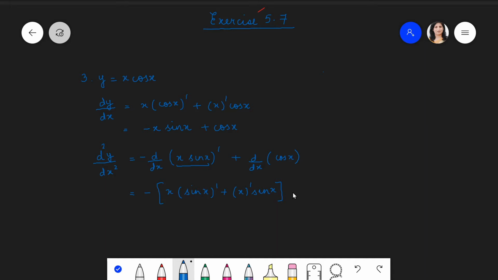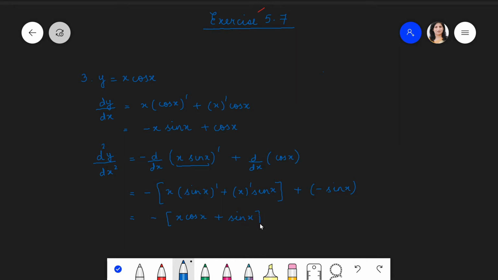First derivative found. Then over here the derivative of the cos function is minus sin x. Now simplifying it further, derivative of sin x is cos x. So x cos x plus derivative of x is 1.